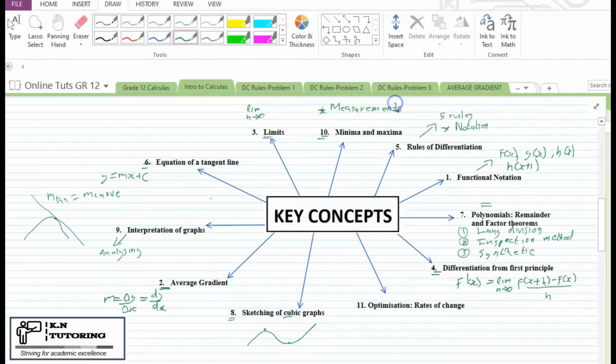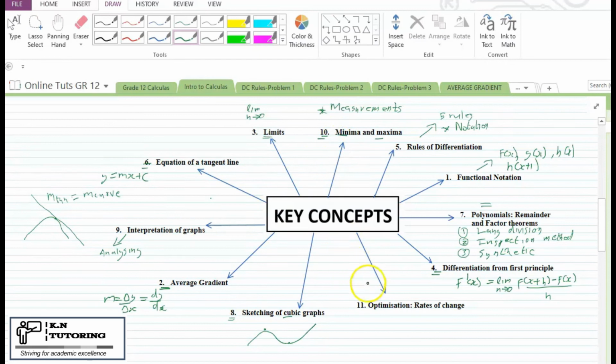But basically this measurement will fall under this section of calculus, under minima. Here we will be looking at your volume and your surface area, and how we can maximize these measurement equations using calculus. So it's going to be interesting. Just hang in there, you'll see in the coming videos what we are going to do here.